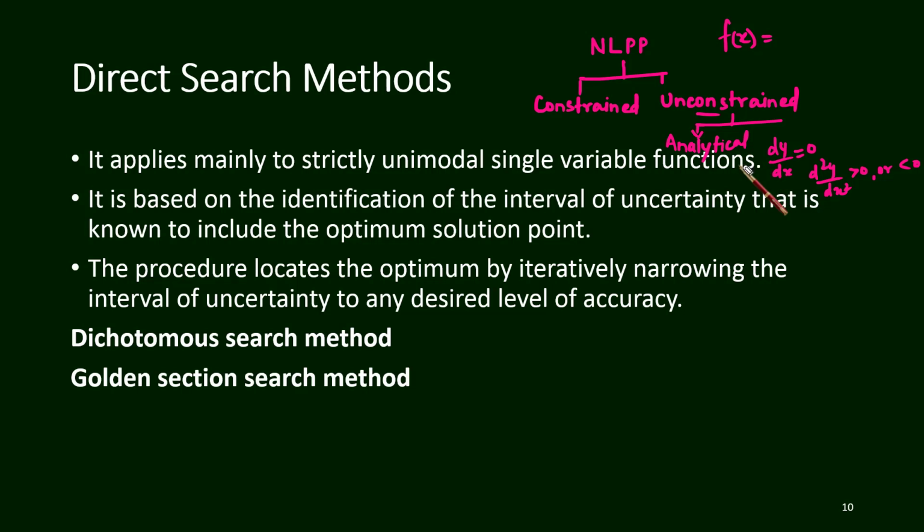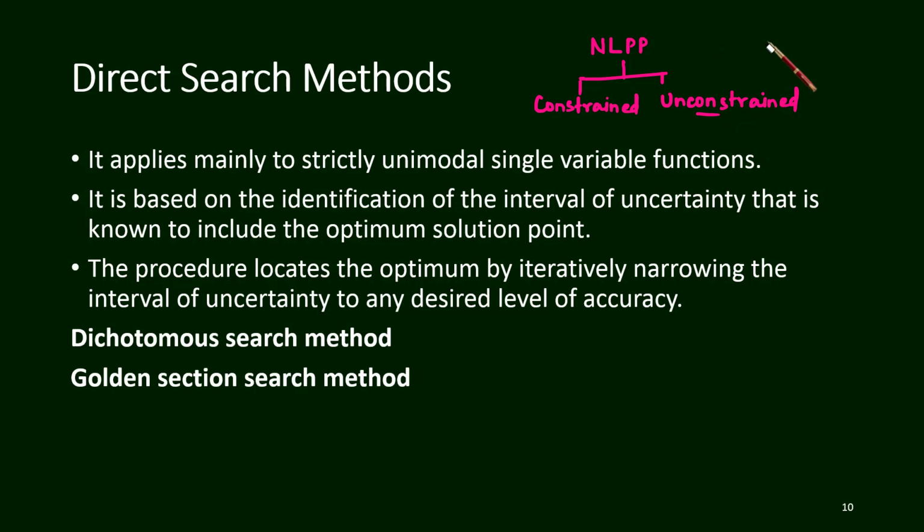So this is the analytical method, but this is only applicable when f(x) is a differentiable function. But if f(x) is not differentiable, in that case it is not possible to use the analytical method. So then we have only one option, and that is known as the numerical method.